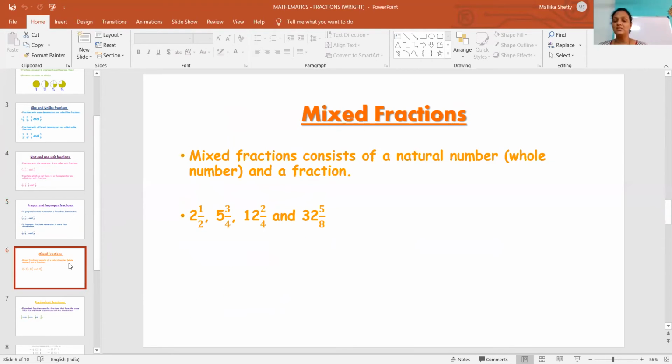Next, mixed fractions consist of a natural number or a whole number, and a fraction. For example, 5 is a whole number, 3 by 4 is a fraction. So when a whole number and a fraction are brought together, it is known as a mixed fraction.